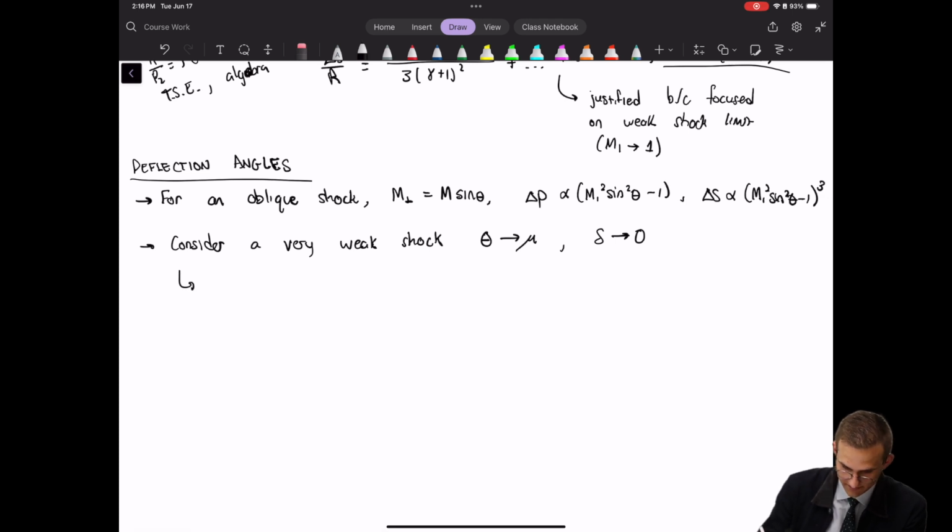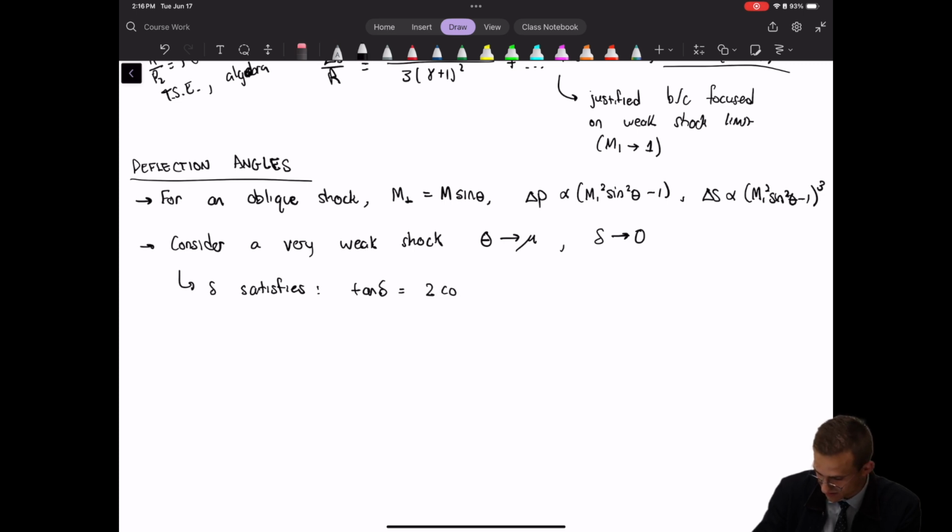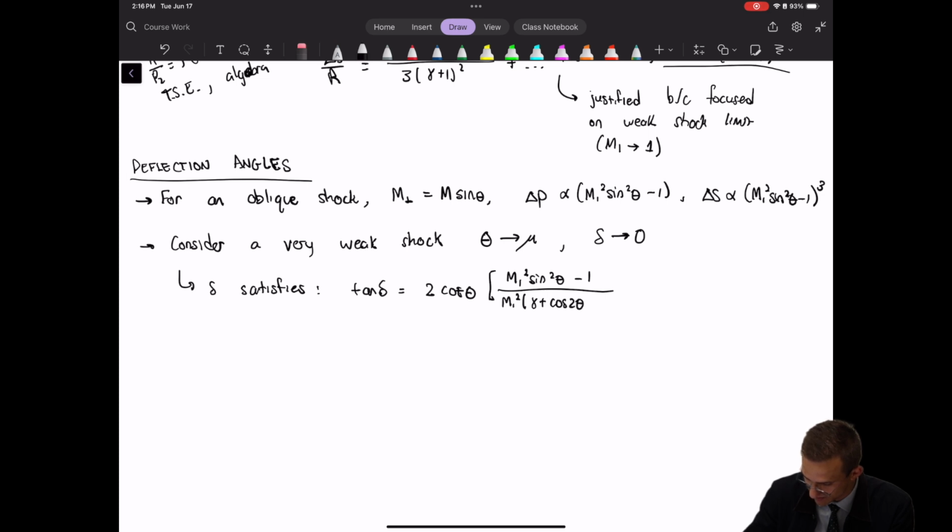So we know that the deflection angle satisfies, from the previous lecture, the equation tan delta is equal to twice the cotangent of theta times the quantity M1 squared sine squared theta minus 1 divided by M1 squared times the quantity gamma plus cosine of 2 theta plus 2. Okay?